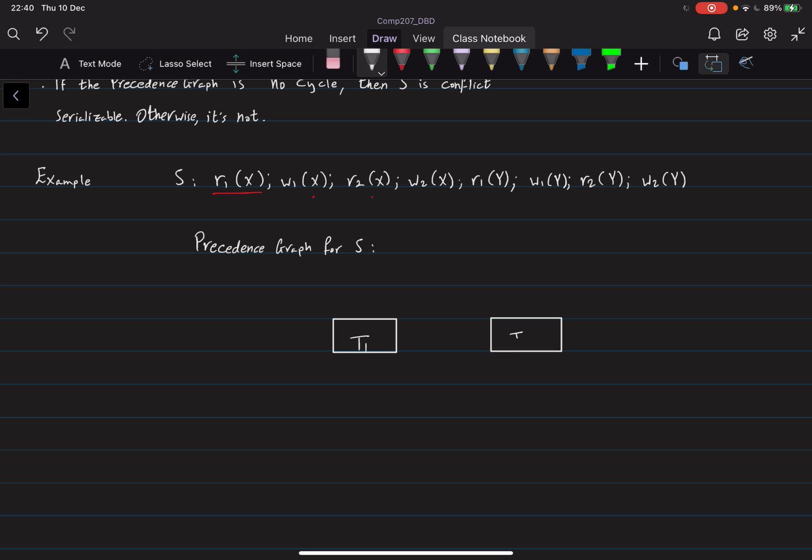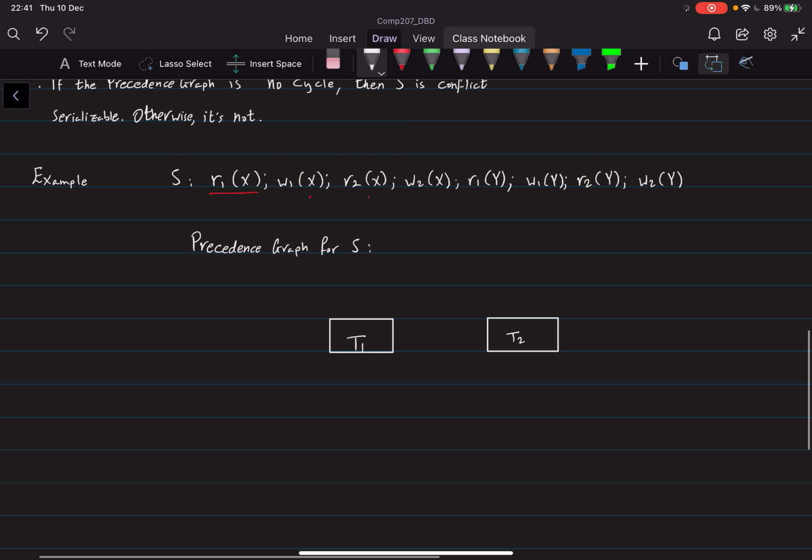So this is the precedence graph for S. Okay, so let's go back to comparison. We have compared this, and then W2 on X, T2. Yeah, this looks fine. We say it holds. So we draw the arrow, and let's see if we have more arrows.